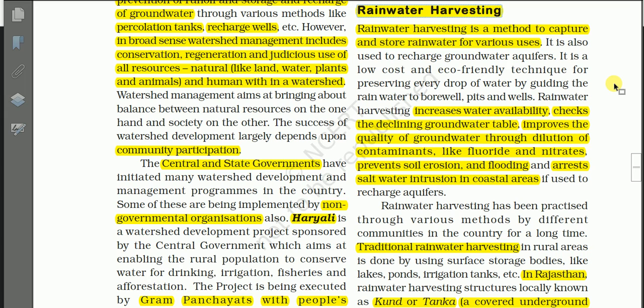Okay, very good. So it is a technique or method to collect and store rainwater for different uses. And the same is also given here. Rainwater harvesting is a method to capture and store rainwater for various uses.